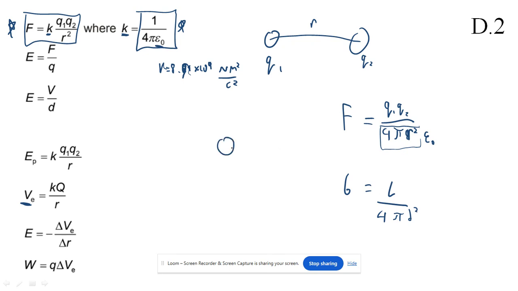The way charges mediate their force, let's say we have another charge out here, is that they exchange virtual photons. These are force-carrying particles. This is quantum electrodynamics. The farther away we get from this charge, the more area those virtual photons spread out across, and that's why we've got that 4 pi r squared.